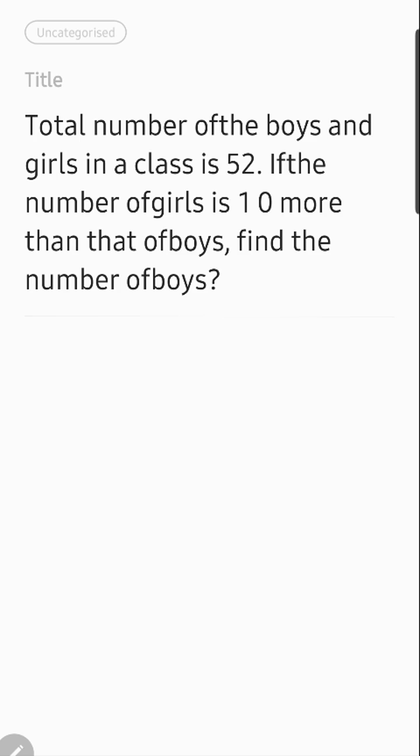For example, for your understanding, if 5 boys are there, how many girls are there? The relation is 10 more than boys, so 5 plus 10, 15 girls. That is the thing we have to understand from the statement.